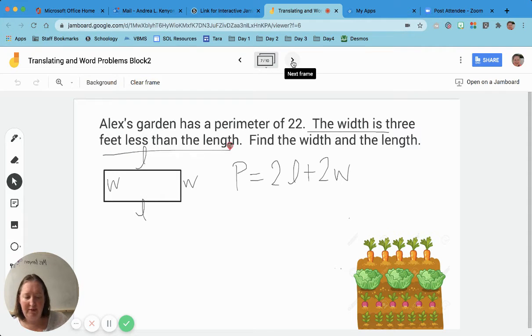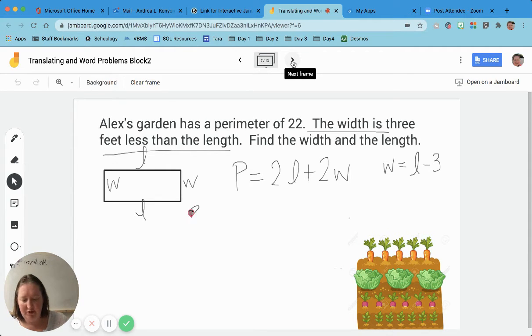So I say the width is, when you have is, you're going to use an equal sign. So width is 3 feet less than the length. Here's the length minus 3. Now I'm going to use this whole thing, and I'm going to put that in place of W. So perimeter, well, they told me in the problem what that is.